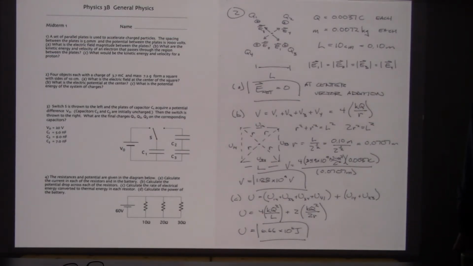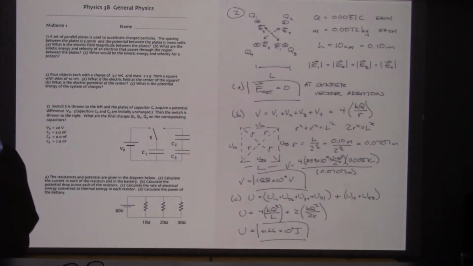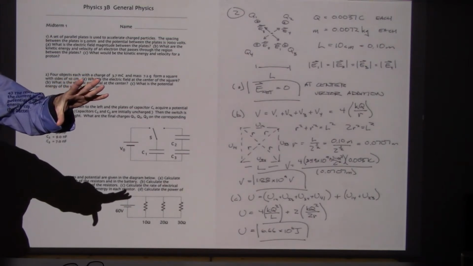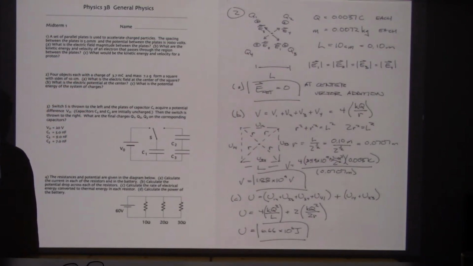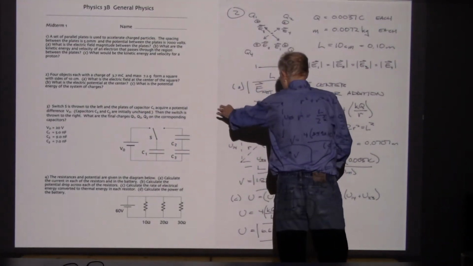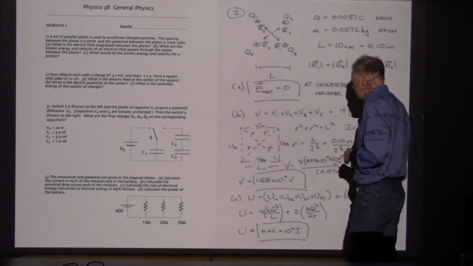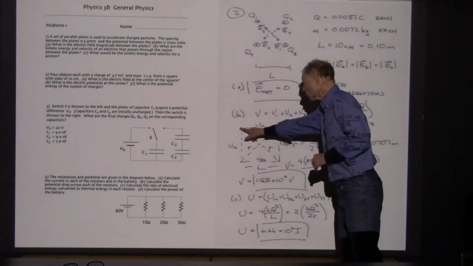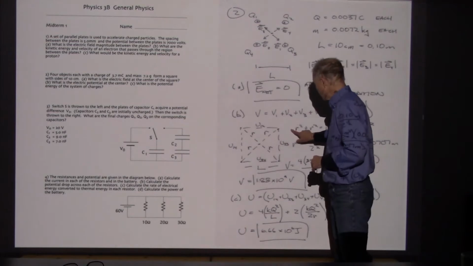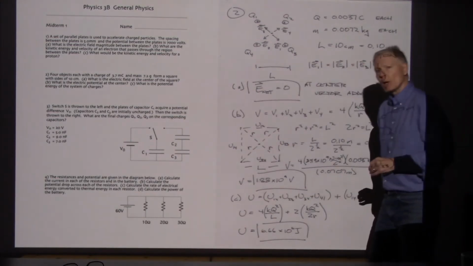So the assumption, the starting point for all this, is always thinking these four charges used to be far, far away from each other, so far that we could neglect their interactions. But maybe one by one, we started bringing these charges in, and every time you bring a charge in, if charge 1's already here and I bring in charge 2, that's going to give me a potential energy of U12.